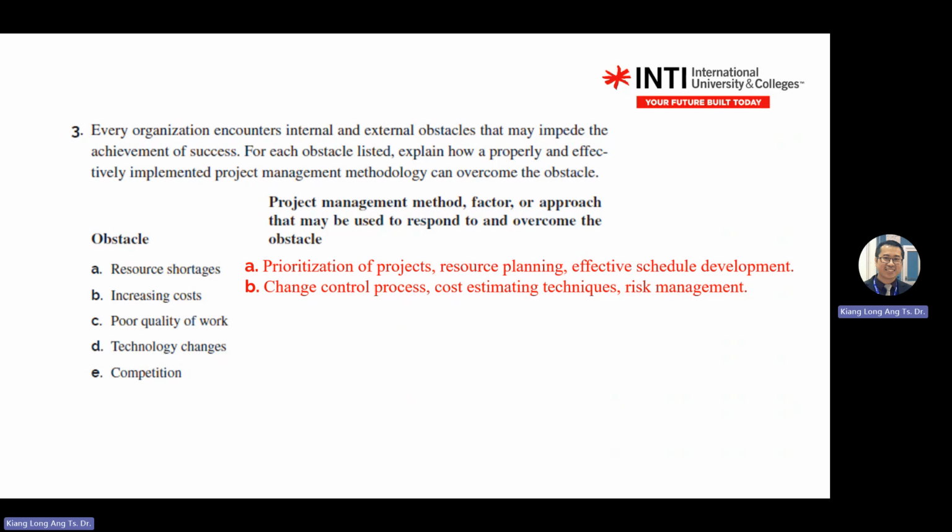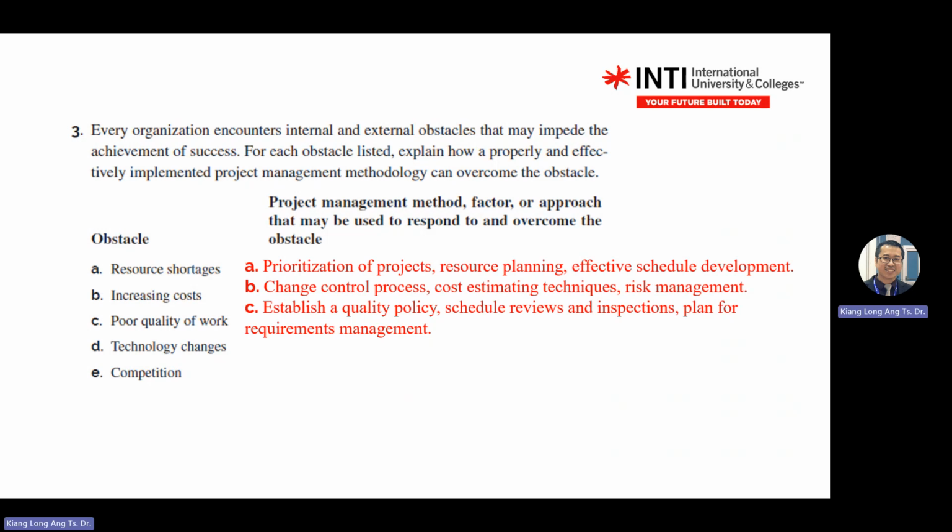If, for example, for poor quality of work you mention customer, it is wrong already. You have to understand the target, or who you talk to. When you solve a problem, you need to know. So how do you manage poor quality? You have a policy. You solve by policy.